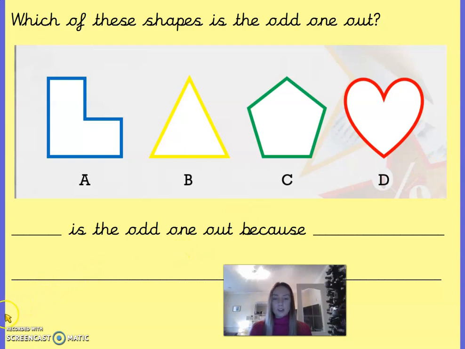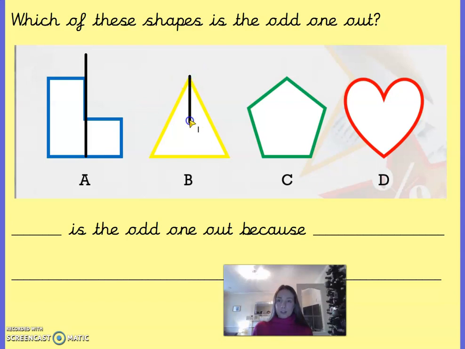Which one is different? Okay, so for this question, we're going to start off by looking at each shape and seeing which one we think might be different, which is the odd one out. So I'm going to start with A, and I'm going to think about my vertical line of symmetry. Does A have a vertical line of symmetry? Have a little think.